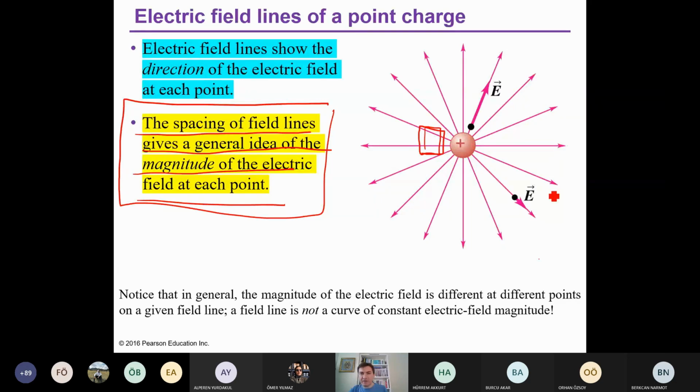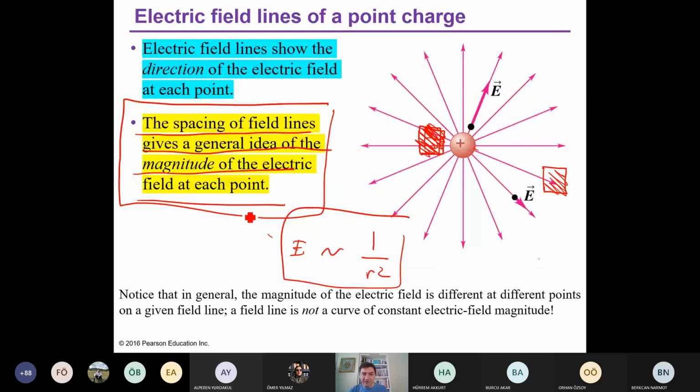Within this 1 centimeter area, we have many field lines, or we have 2 field lines, but here we have only 1 field line. So if you are far from the source, the magnitude of the electric field decreases. It is also related to this formula. This is the statement.